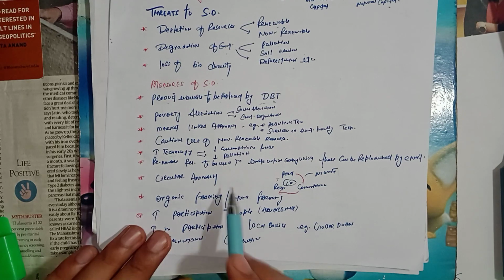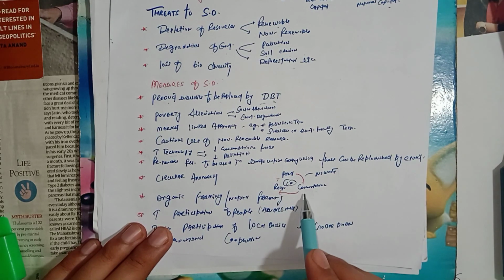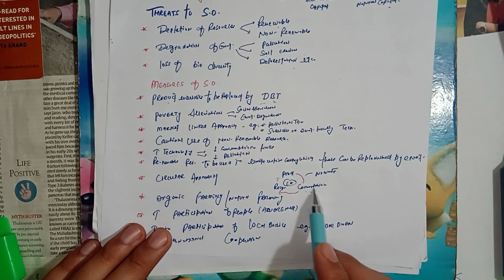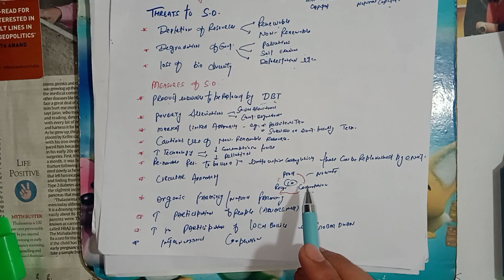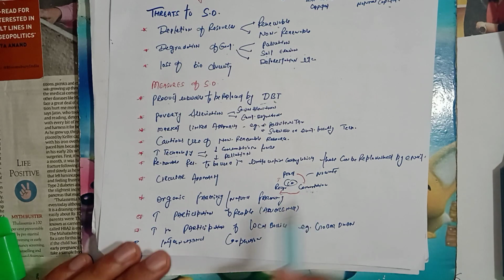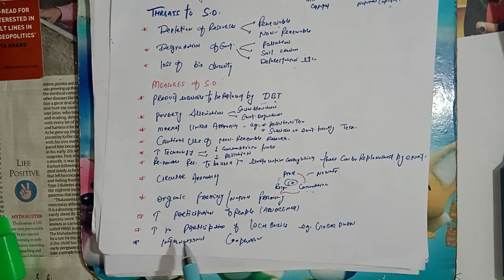How? Circular approach means production, then consumption, and these finished products after consumption should be recycled, meaning no wastage of resources. Then organic farming should be adopted and the participation of people increased. Awareness campaigns should be organized, and the participation of local bodies increased.